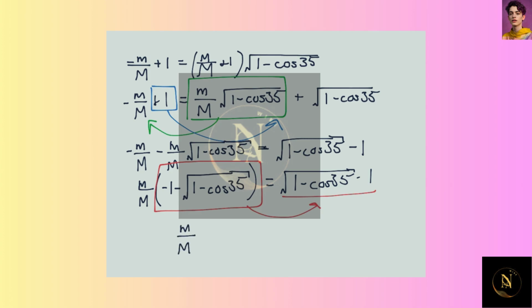So what you should get is small m over large M is equal to negative 0.575 over negative 1.425, which of course gives us 0.403, and that's our ratio. So that's our ratio of small m over large M.